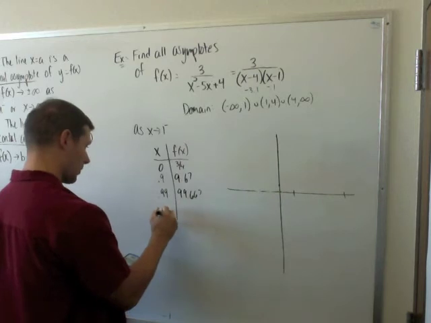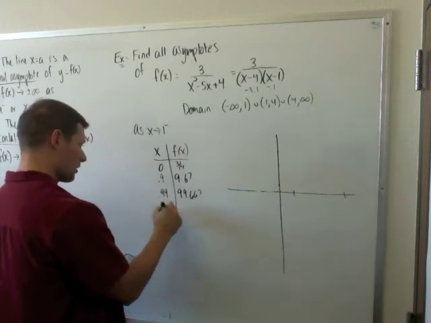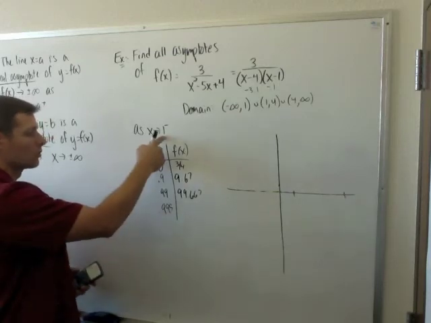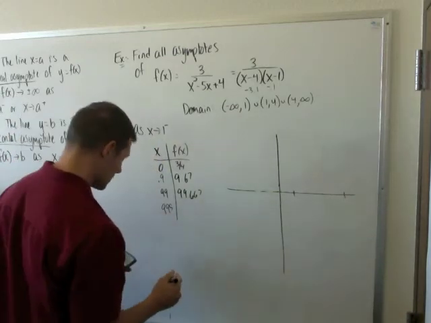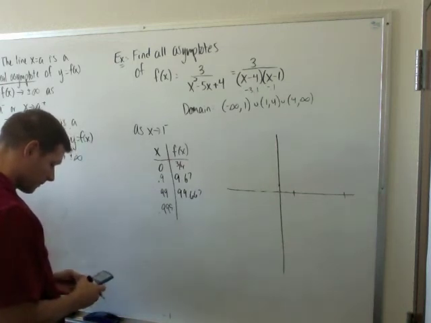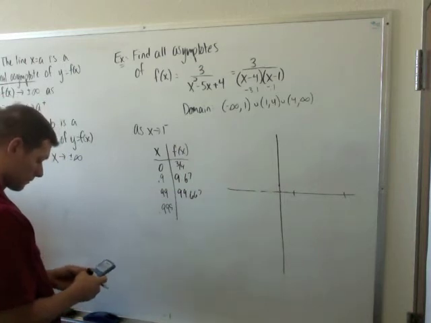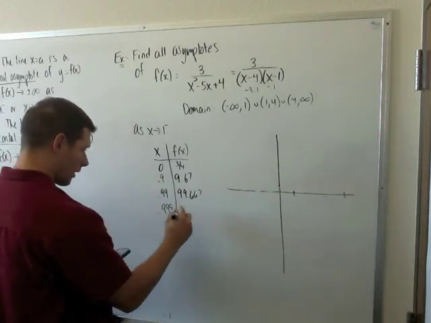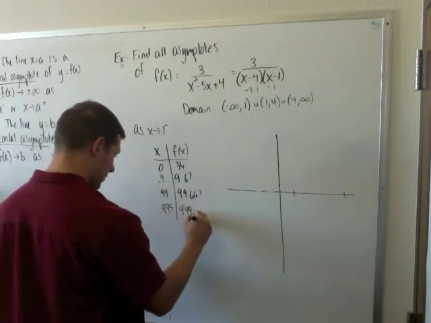And if I put 0.999, what number are these getting closer and closer to? 1. We're approaching 1 from the left, from this side. So I plug in 0.999, and I get 999. I think we're seeing a pattern here, huh?